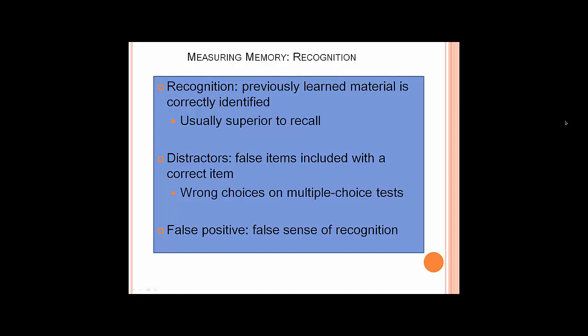And I do this in exams sometimes, because I'll put in a false item that seems like it might be right, but it's not. And it distracts the test taker. So these are wrong choices on multiple choice tests. A false positive is a false sense of recognition. Sometimes you feel, oh yeah, I got this down pat, and you don't. You really don't.